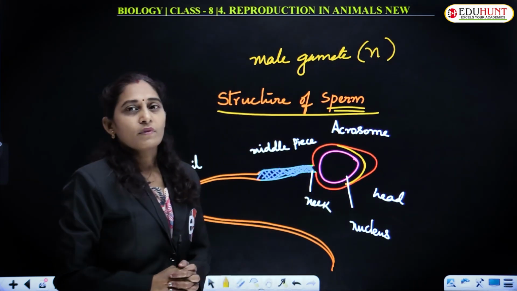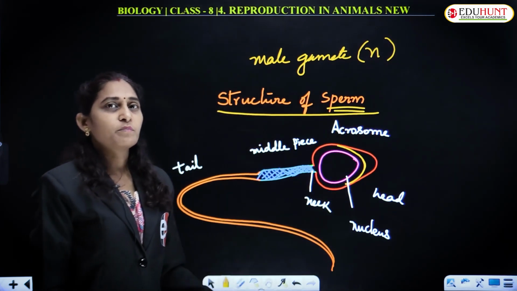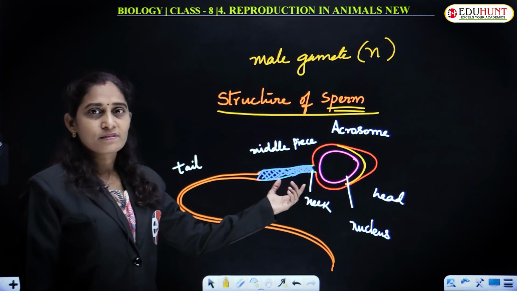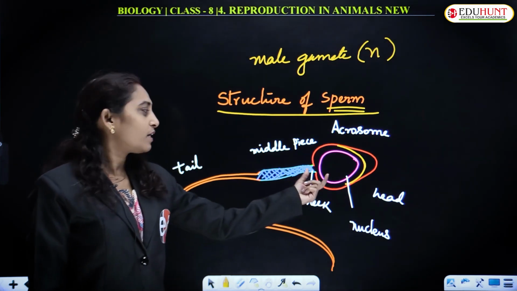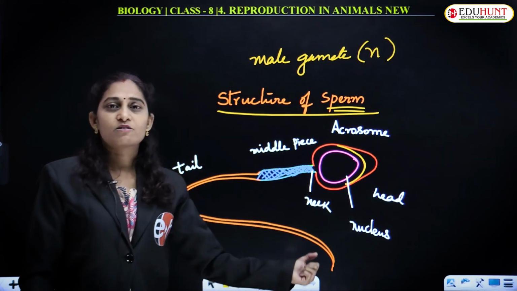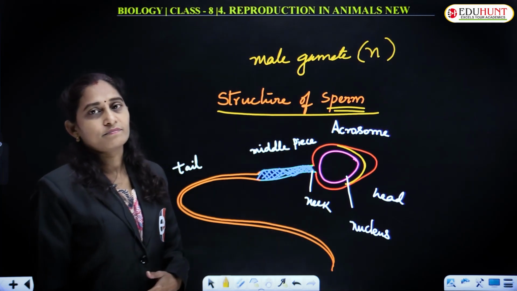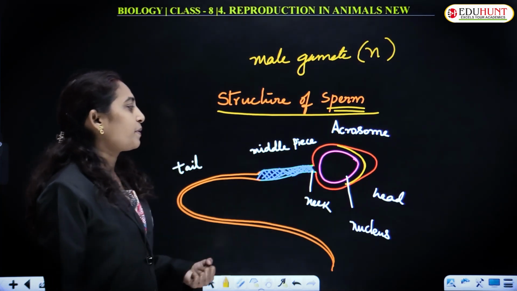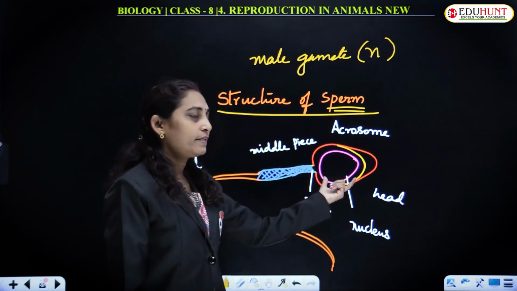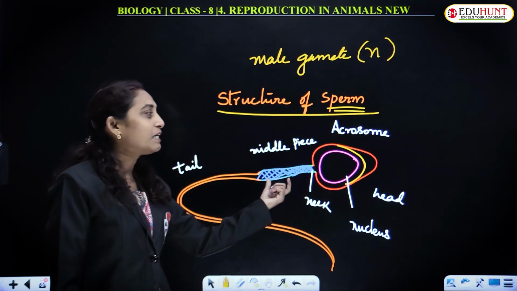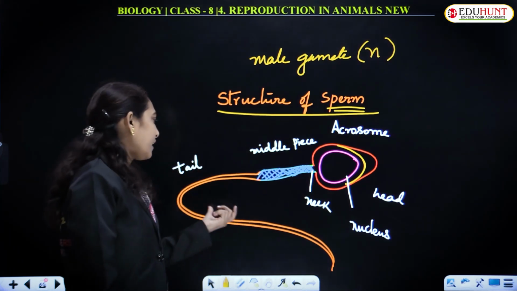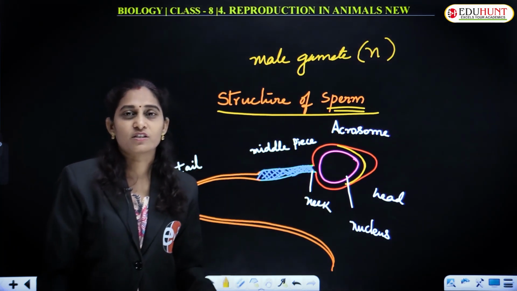Sperm. If you see the structure of sperm, it looks like a tadpole with a long tail. You can see the picture. You can see a head, a middle piece and a tail. It's such a simple structure.